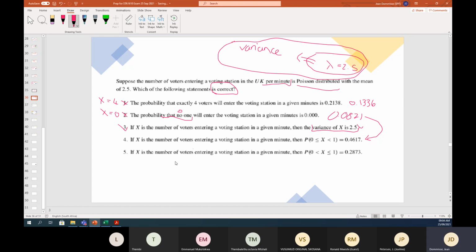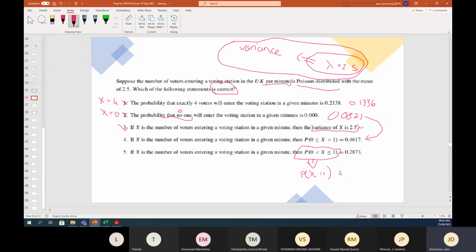If X is the number of voters entering a voting station in a given minute, then X bigger than 0 and X smaller than or equal to 1. We could have phrased that the same way as: what is the probability of X equal to 1? It includes 1, but it doesn't include 0.